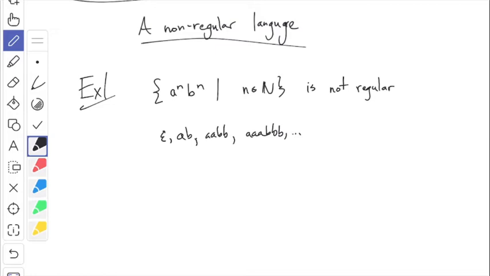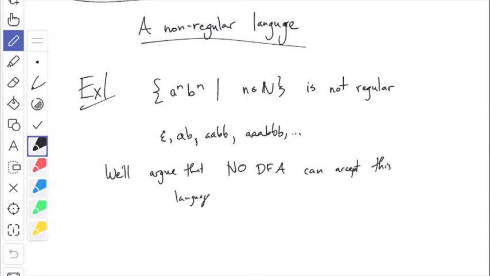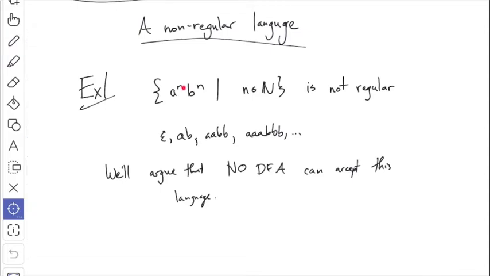So I want to try to demonstrate, we'll have to argue that no DFA can accept this language. And it has to do with the fact that this N is the same N both times, all right? In order to tell whether or not a string is in this language, the DFA would have to read a bunch of A's and then read a bunch of B's where it's reading the same amount of B's as it did with the A's.